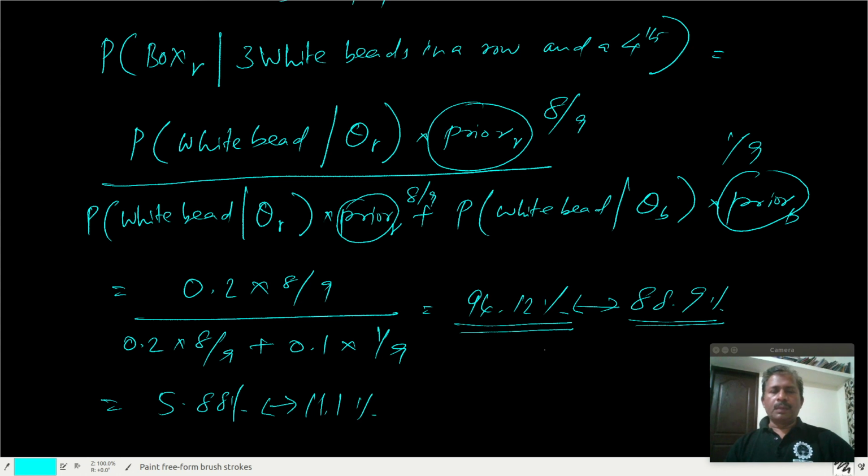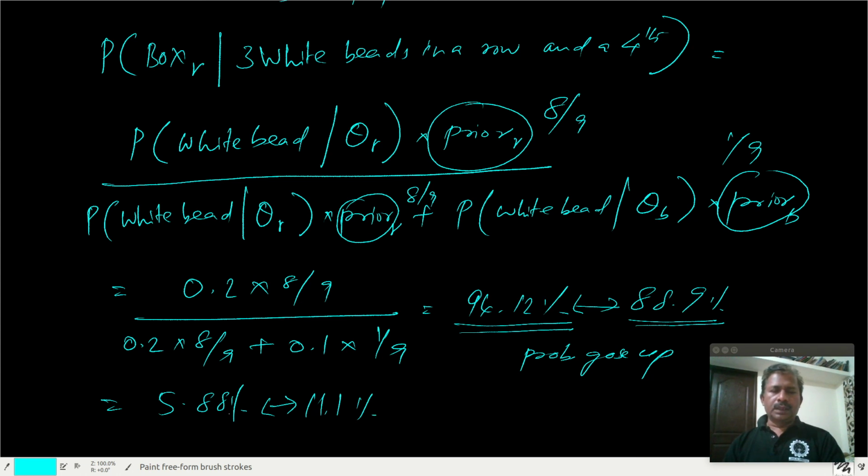So this probability goes up, right? And here the probability of picking 3 white beads in a row from the blue box was 11.1%.